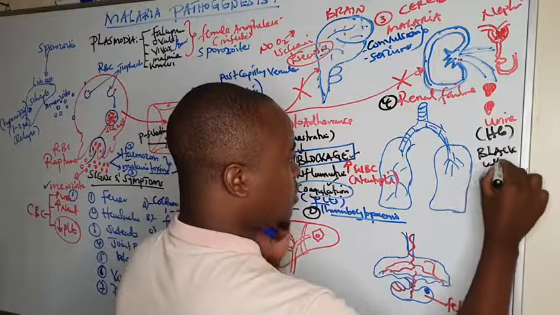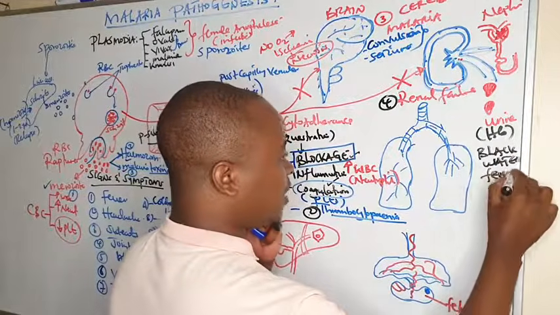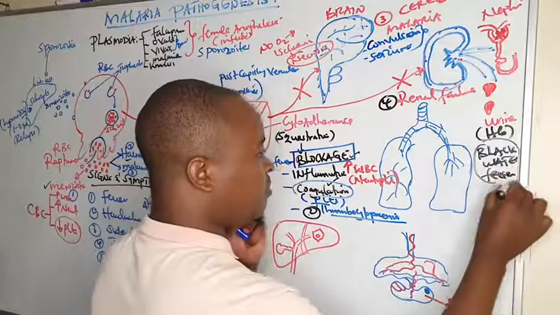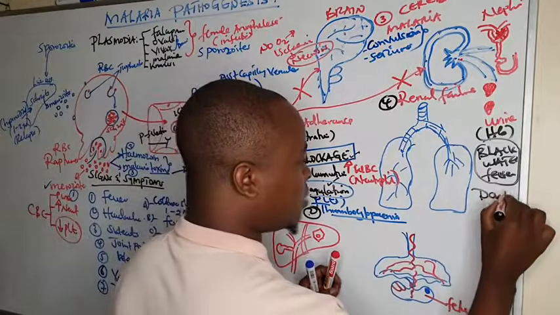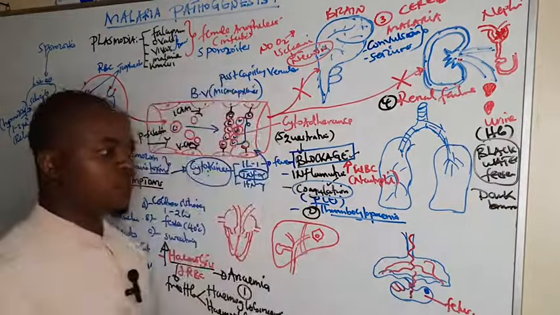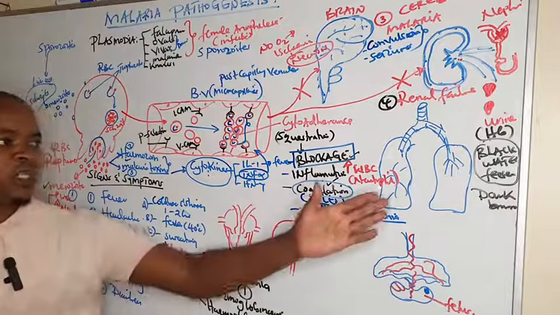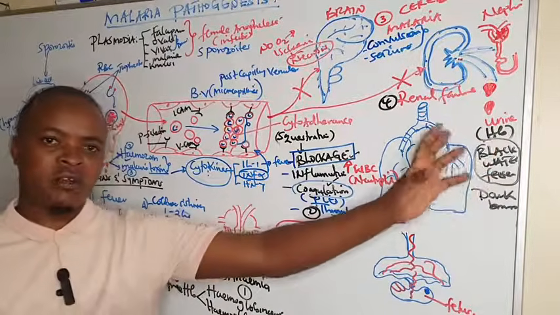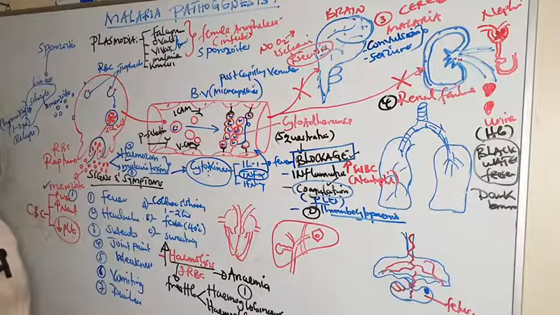Black water fever is seen in severe infection of Plasmodium falciparum, whereby the urine appears dark brown. So when you are producing dark brown urine, we can suspect the presence of free hemoglobin when you have malaria, and that implies severe Plasmodium infection.